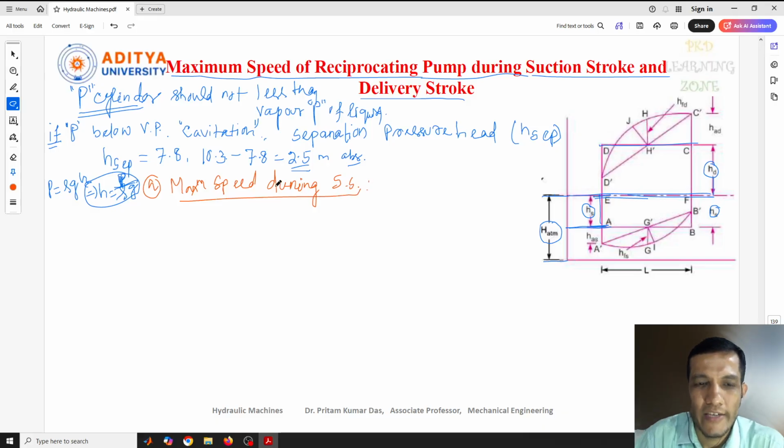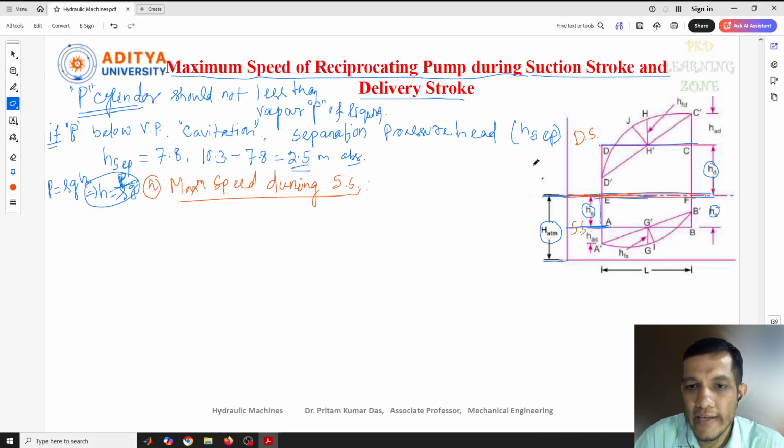To understand this one, we need to look at this diagram here. The absolute pressure head during the suction stroke: up to this part we have the suction stroke, and after this we have the delivery stroke.